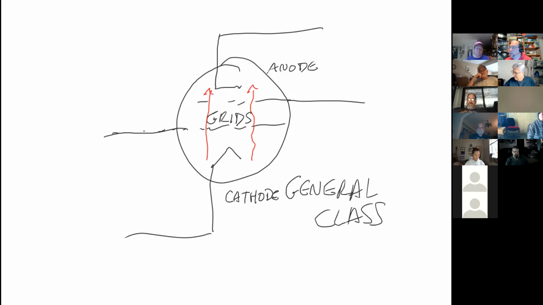And the grids allow you to control how fast that happens. And if you control how fast it happens, that is current. So basically by putting a signal on the grids, you can change what the current out of the tube is, thus making a much bigger signal.